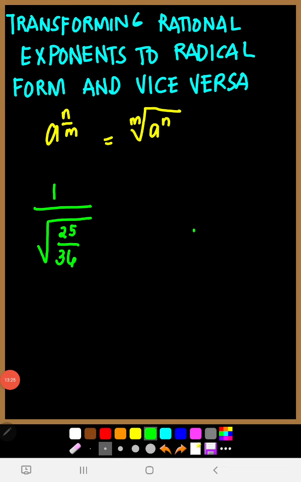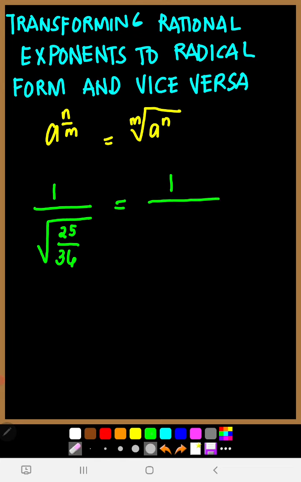Okay, for our last example, we are going to transform this radical expression, 1 over square root of 25 over 36, into a rational exponent. So what are we going to do is this. Ano muna natin? 1, kasi hindi naman siya kasama dun sa radical expression. Nasa denominator siya.